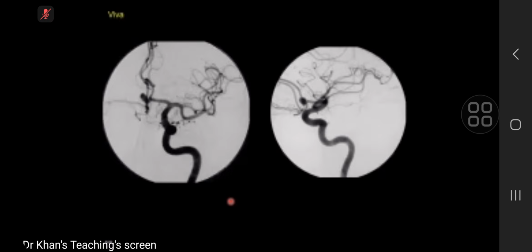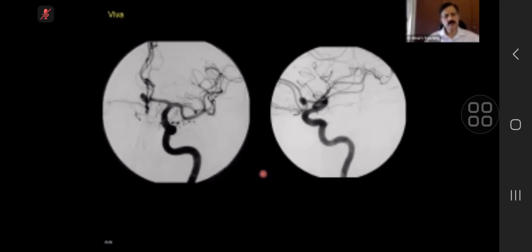So it's going to be most likely, just wondering, PCOM, would it be PCOM? No, sorry, ACOM aneurysm, because it's other. Okay, very good. That's fine.